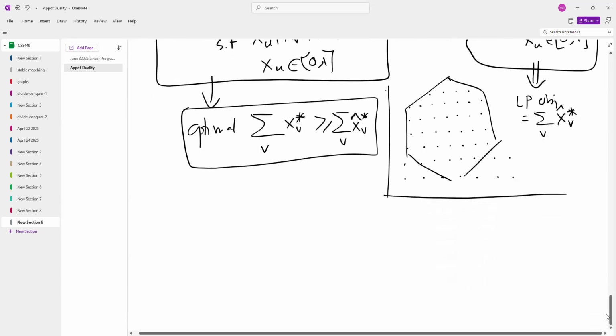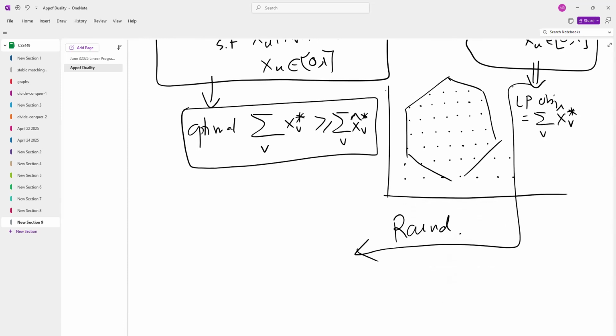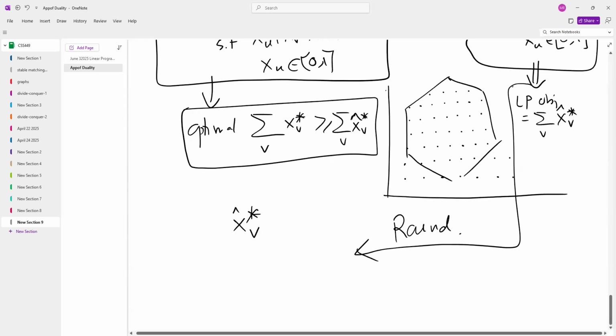And now once we get the LP solution, we do the rounding. What do I do in the rounding? If x_v star is greater than or equal to 0.5, then I round it to, let's call the rounded variables z just for the sake of argument, z_v equals 1.